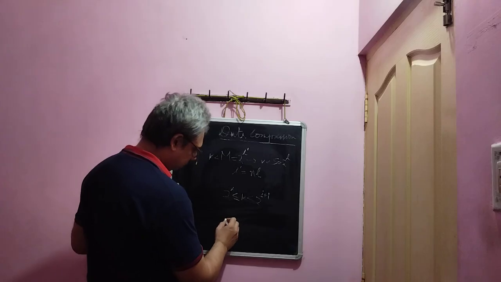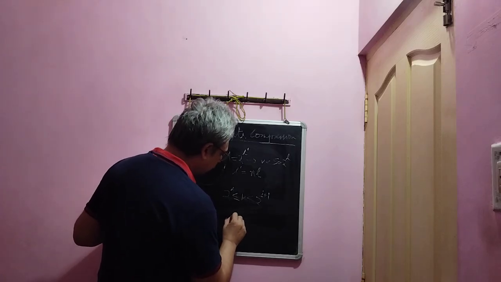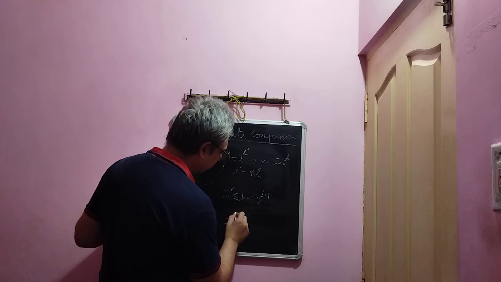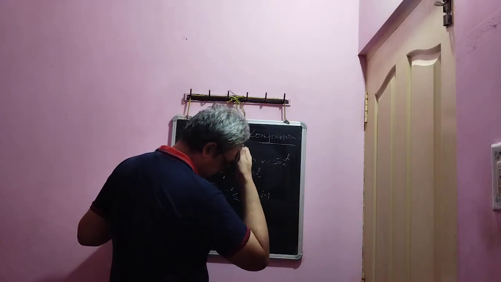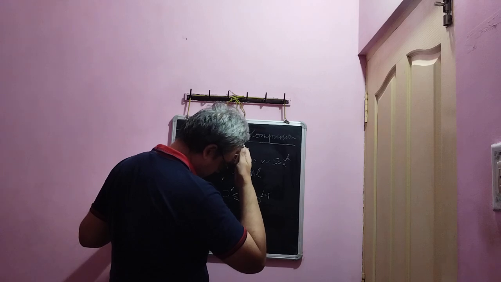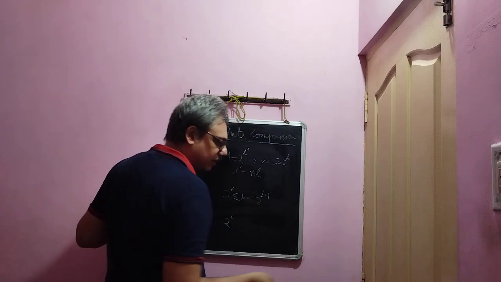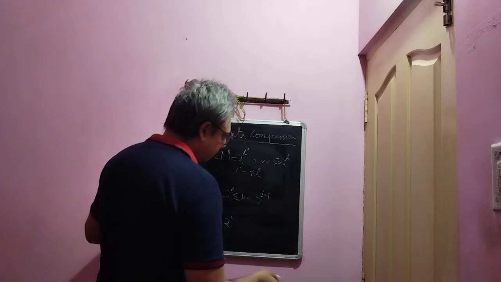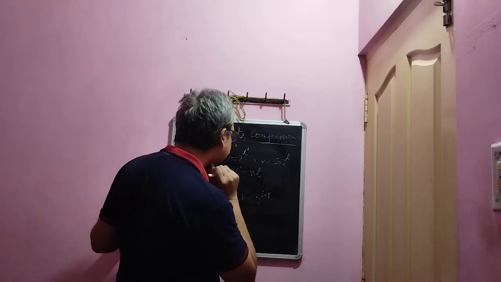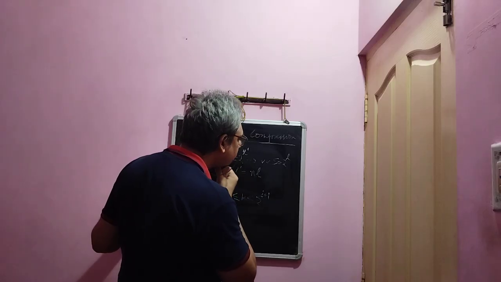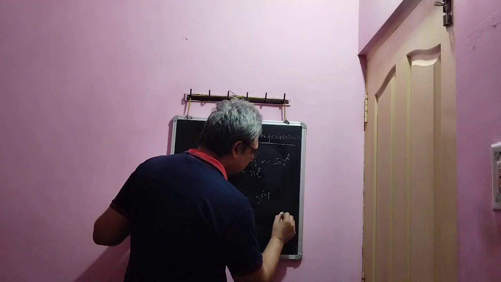Now, 2 power i plus 1 itself can be written as, I will choose some value, some radix, not n, but let's say c.